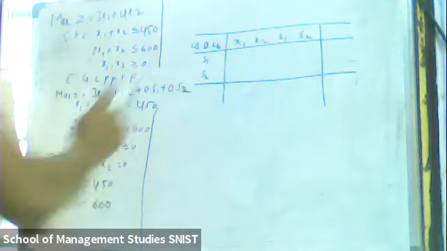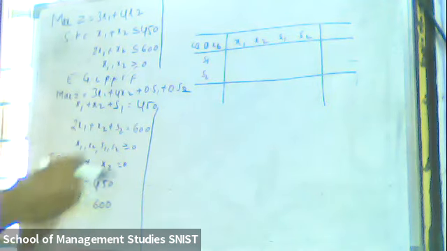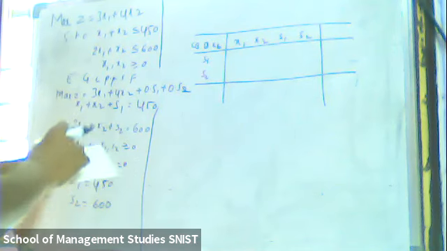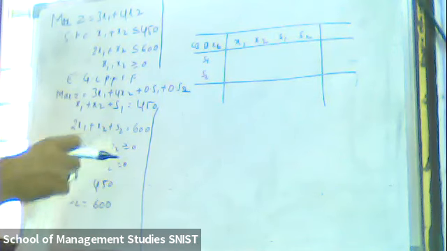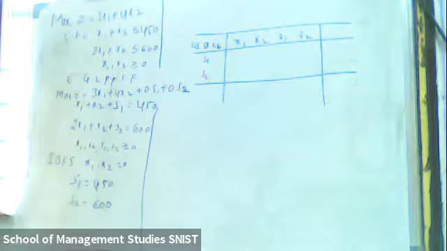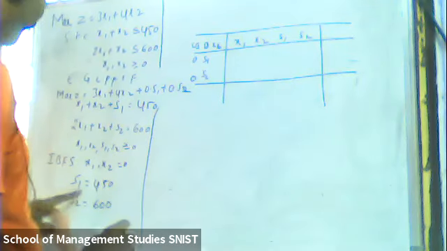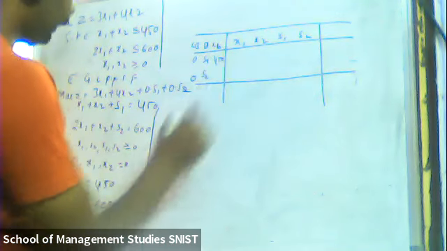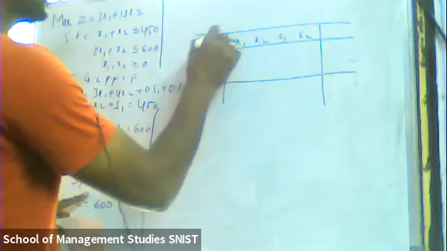What about CB, the coefficient of S1 in the objective function? 0, 0. The initial basic feasible solution values are 450 and 600. Okay. So this is CJ.